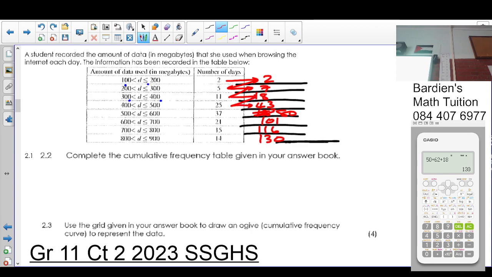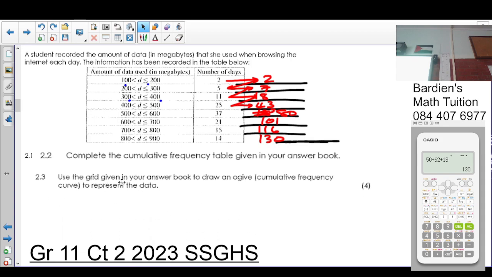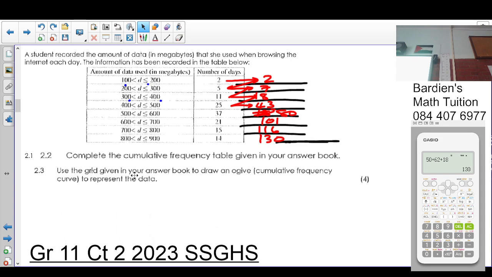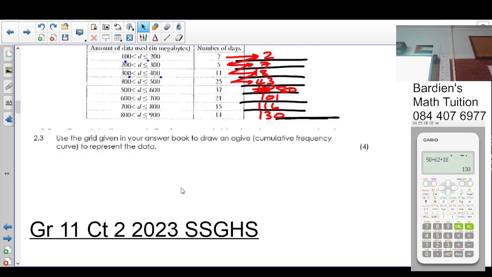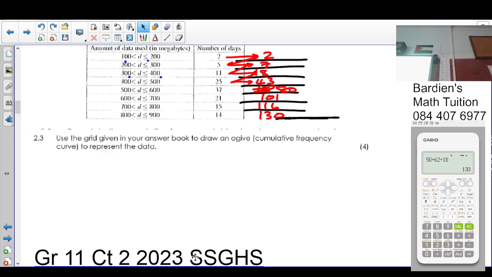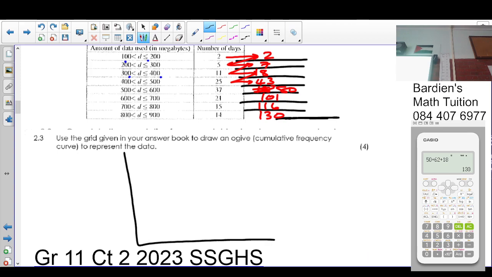The next question says, use the grid given in your answer book and draw the ogive, the cumulative frequency curve, to represent the data. Okay, so it should look something like this. This is your cumulative frequency. The highest is 130.